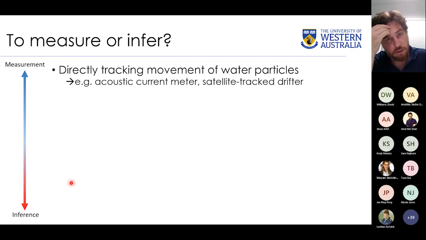So one method for measuring currents is tracking movement of water particles and calculating the displacement, dividing it by the time. And this is the general concept of how acoustic current meters work. Satellite tracked drifters also, you can estimate currents from that. It's very direct.